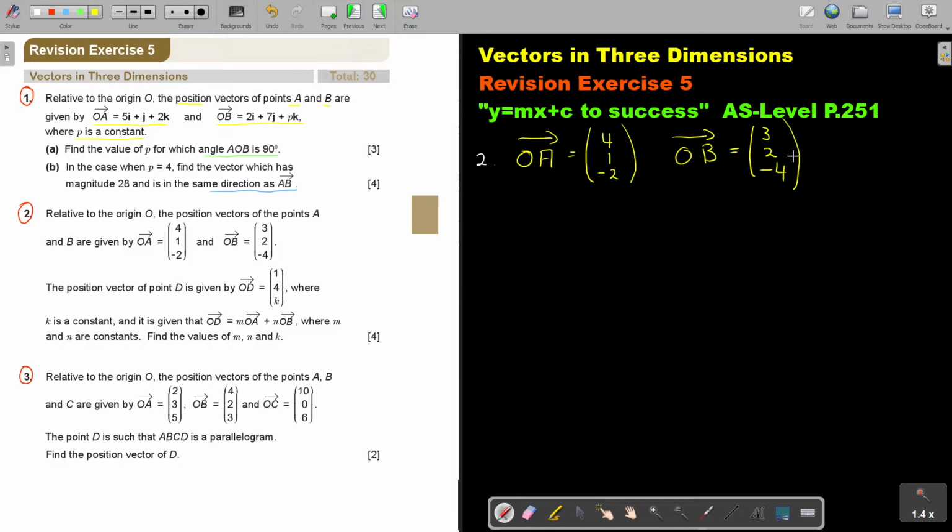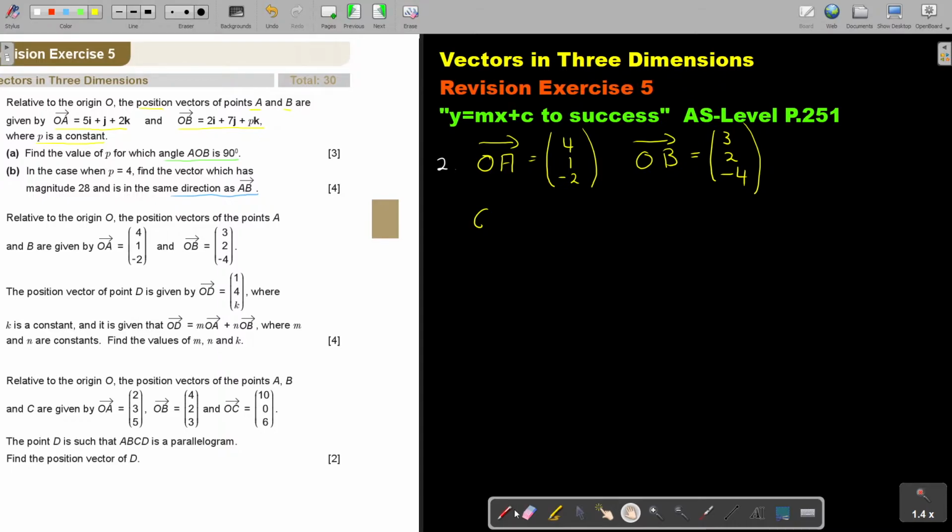And then the position vector of OD. OD equals 1, 4, k.